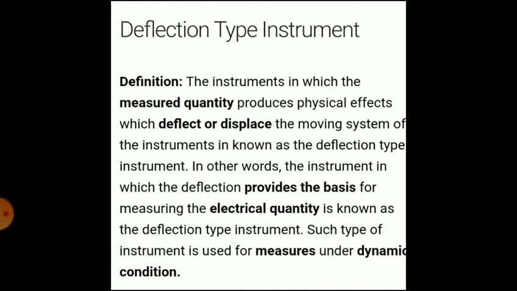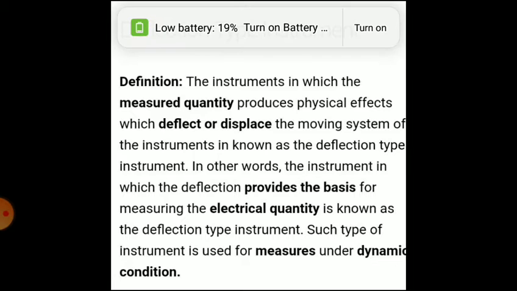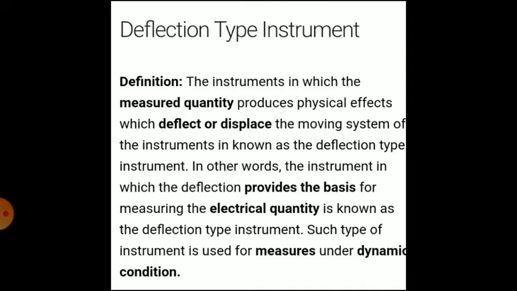The instruments in which the measured quantity produces visible effects which deflect or displace the moving system of the instrument are known as deflection type instruments. In other words, the instrument in which the deflection provides the basis for measuring the electrical quantity is known as a deflection type instrument. Such type of instrument is used to measure under dynamic conditions.